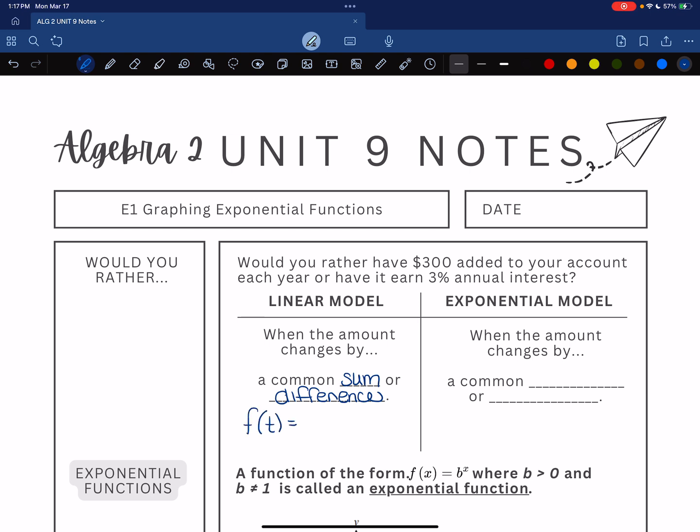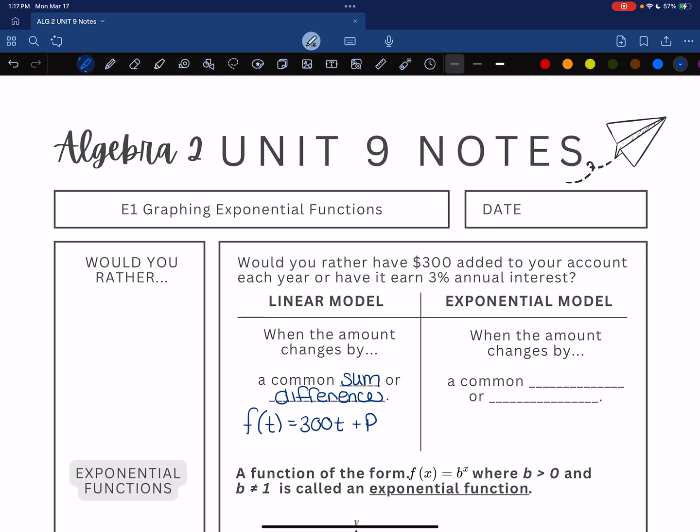Each time that we're working here, we're taking 300 and multiplying it with the amount of years and adding to that the principal amount, the amount that was initially put into your account, which isn't specified, but you can see here that this is a linear function with an initial amount and a constant rate of change. That's your slope of 300 each year.